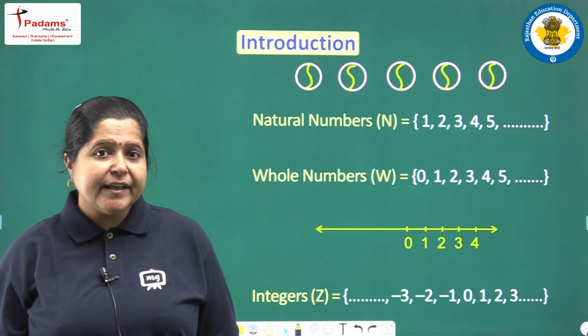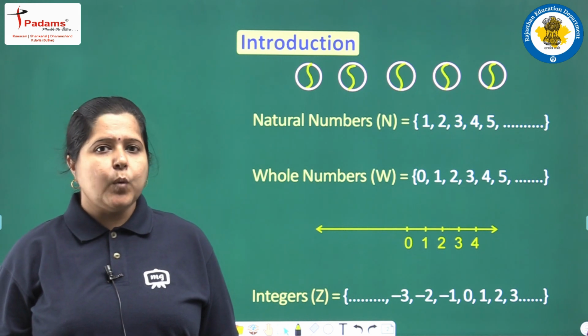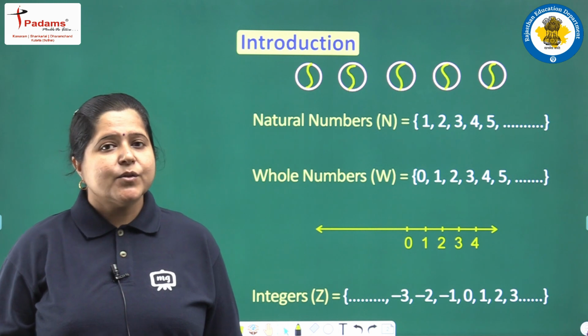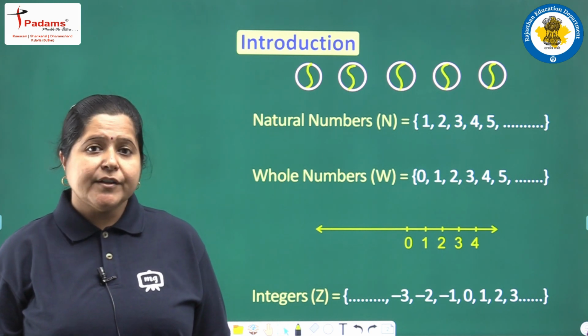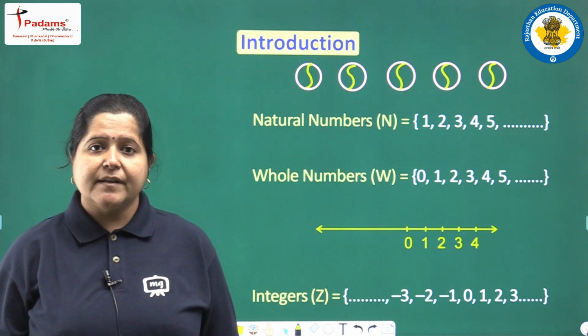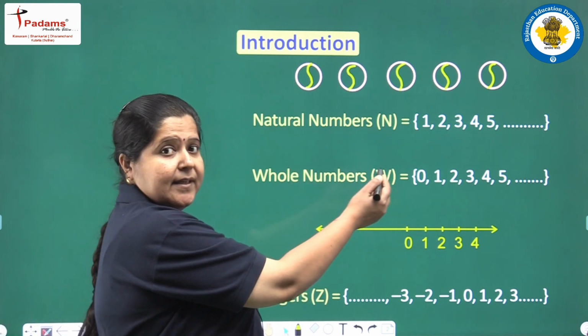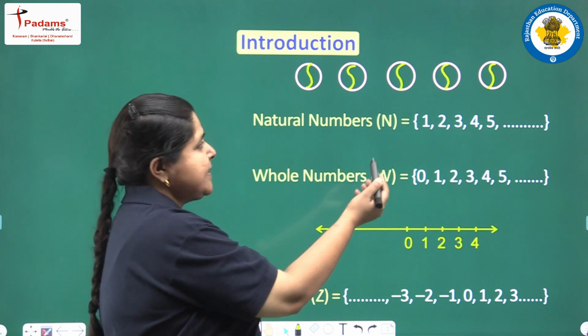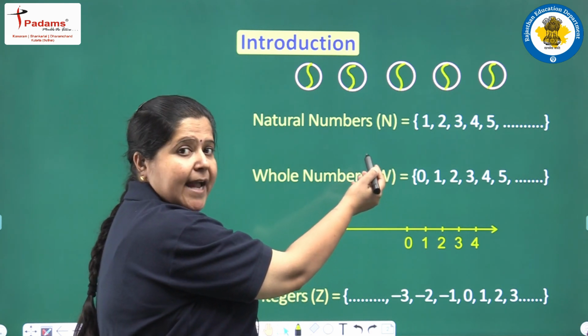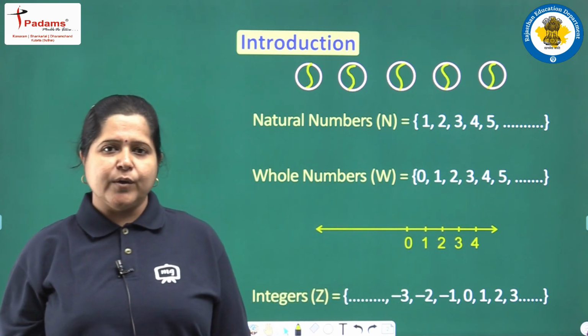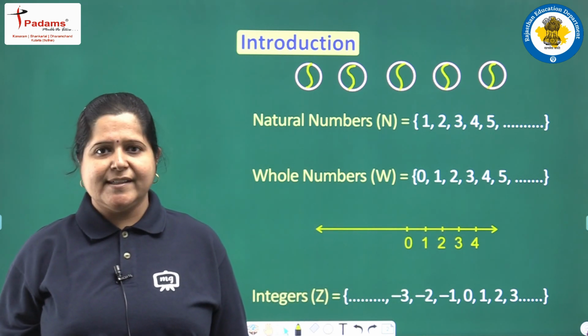Then naturally you will start counting from 1, 1, 2, 3 and so on. So these numbers which are used to count items naturally are called natural numbers. The set of natural numbers is denoted by capital N and they begin from 1, 2, 3, 4, 5 and so on. They go on till infinity.